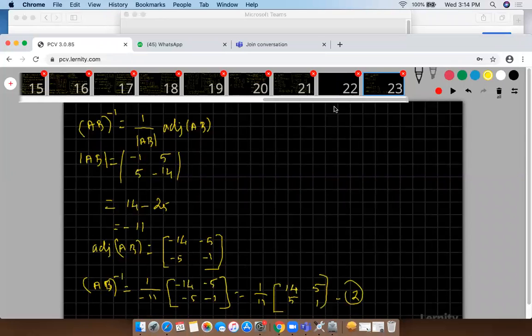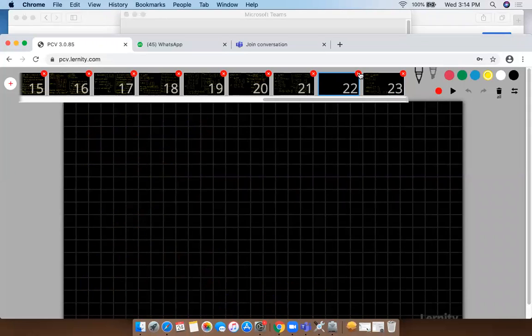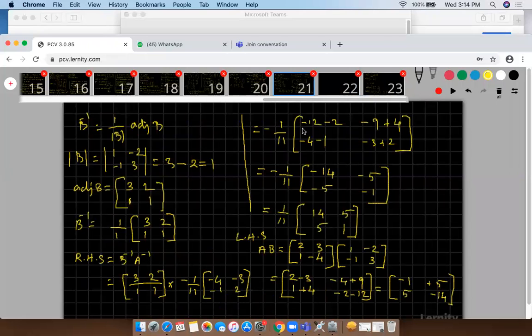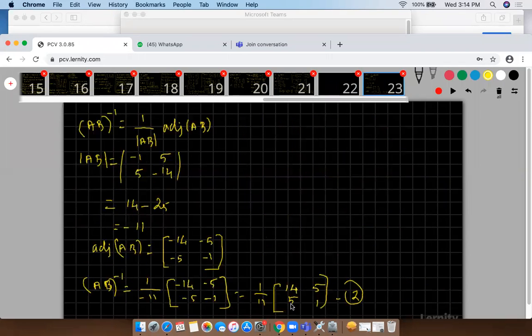That means the right hand side. So the right hand side, and this is your LHS, left hand side. This is equation number 1. The right hand side answer is 1 by 11, 14, 5, 5, 1. Here also we are getting 1 by 11, 14, 5, 5, 1.